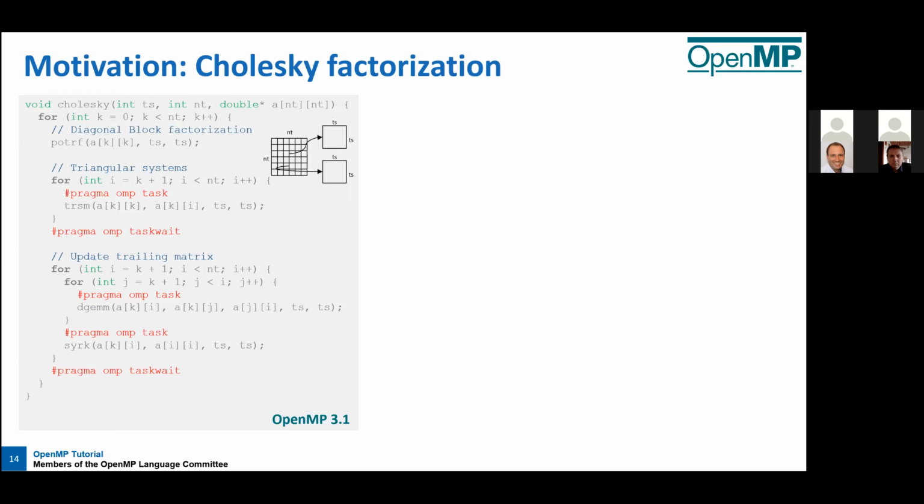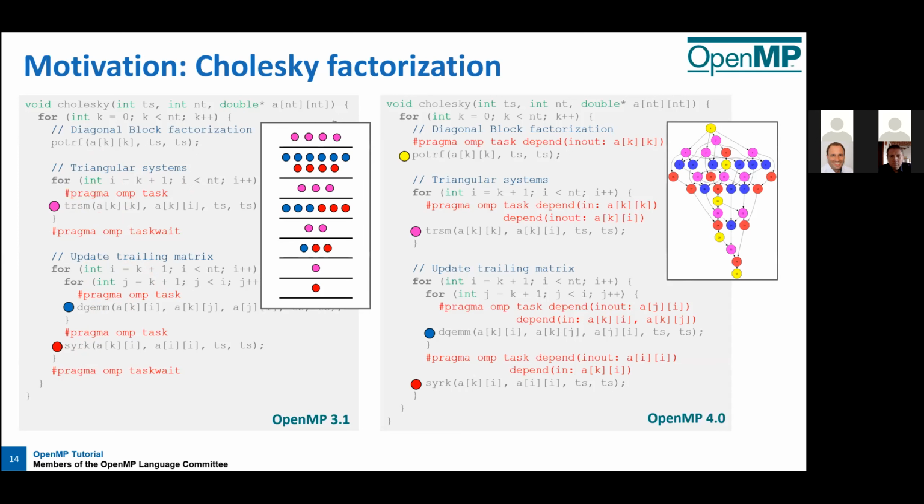But now you have to make sure that the trsm on the blocks has been completed before you can do the update on the trailing matrix, right? So before you can call dgemm and the rank update, you need to make sure that all trsm invocations have been finished. So you have to introduce a bunch of taskwait constructs, which pretty much gives you this lockstep behavior between the individual phases of purple, blue, and red, purple, blue, and red, purple, blue, and red.